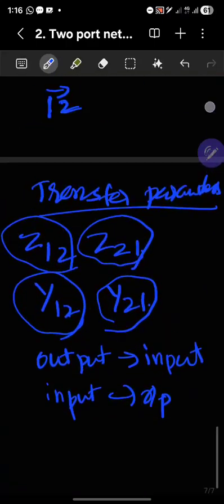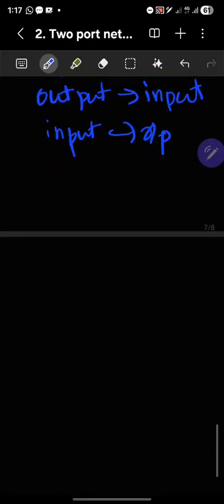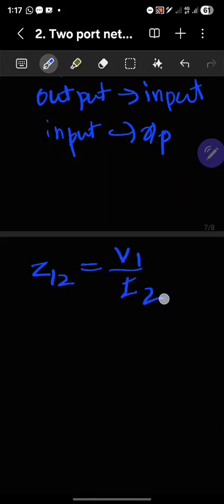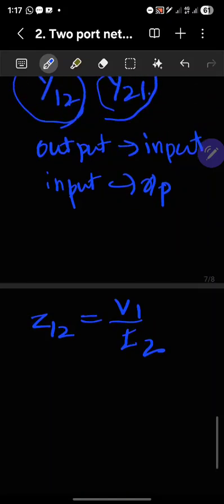So what can we call here? Z12 is equal to, these are Z parameters, so voltage by current, 1 2. So this is reverse transfer impedance.